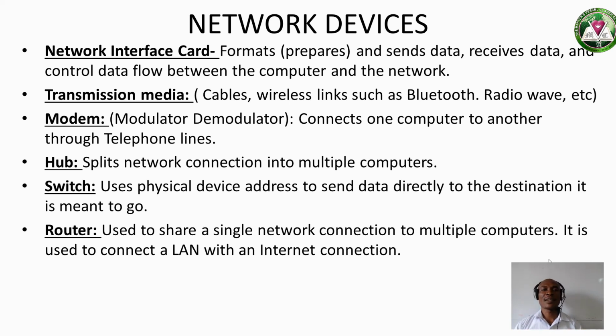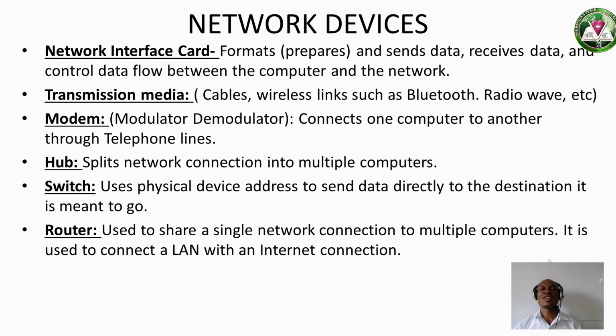Then another device is the modem. Modem, modulator, demodulator. This device connects one computer system through telephone lines. The work has two phases: modulator, demodulator. Okay, another one is the hub.